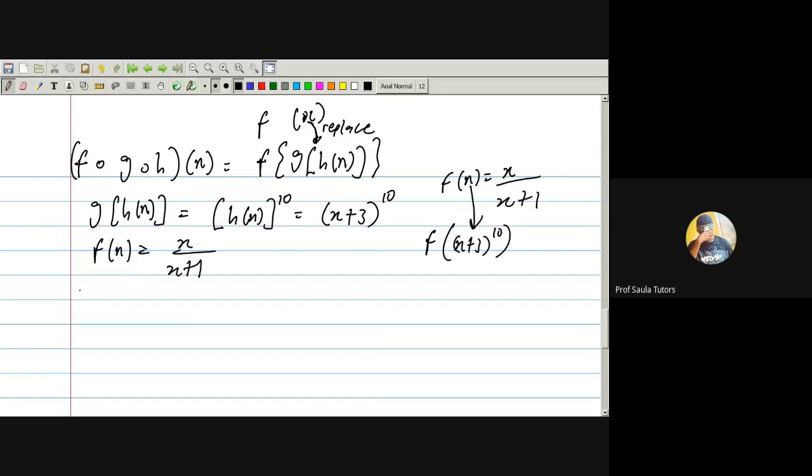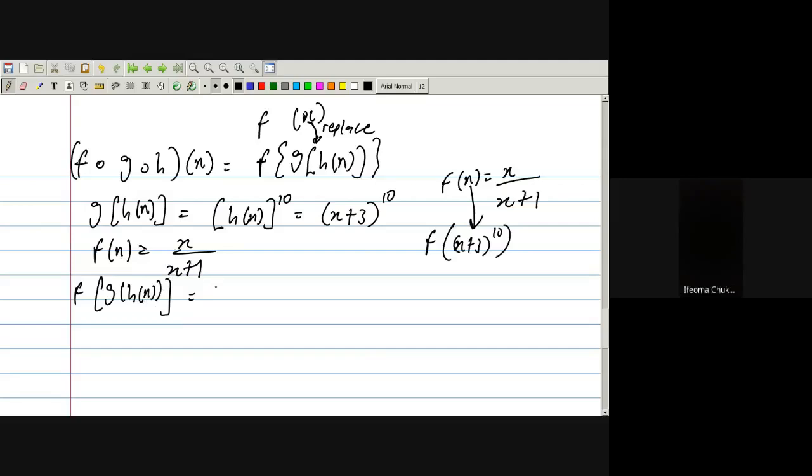Now, pay attention. I want to find f of g of h of x. Another bracket. Good. And what does that mean? It means that wherever I see x here, I should replace it with g of h of x.